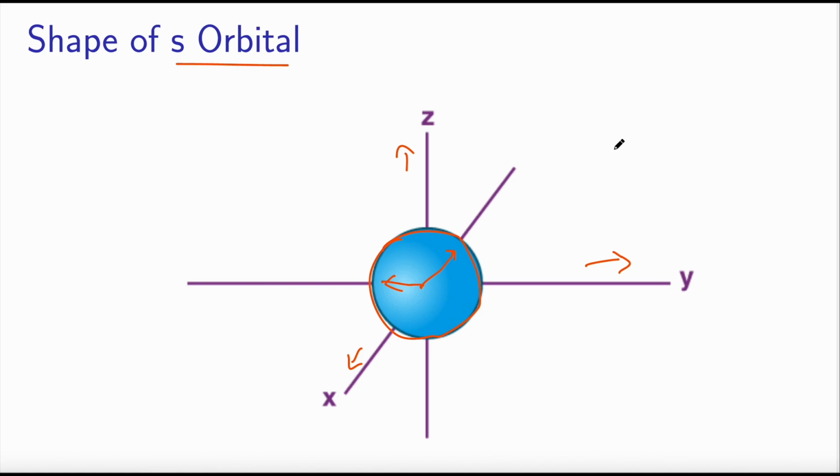So the s orbital has no direction; a sphere has no particular direction. Inside the sphere finding the electron is significant, and outside the sphere it is negligible.